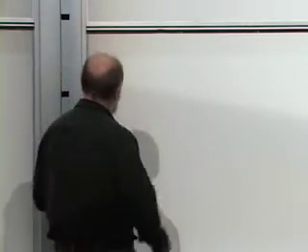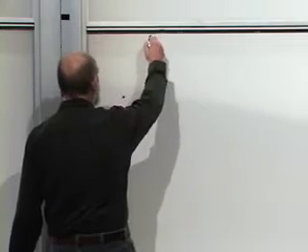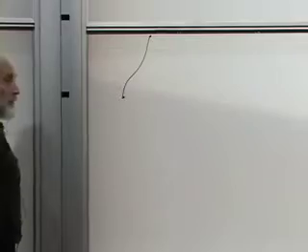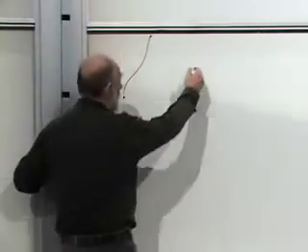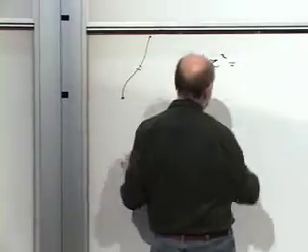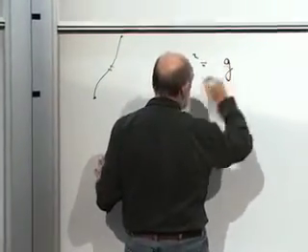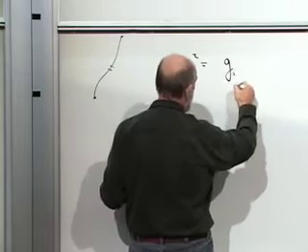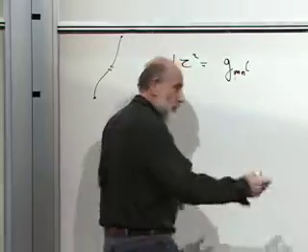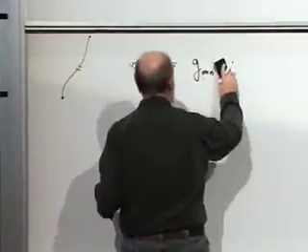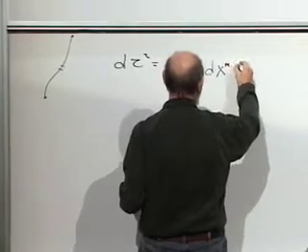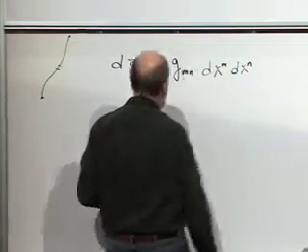Okay, so the definition of the action along a trajectory is minus the mass times the proper time along the trajectory. And the proper time squared along a differential little piece of it is d tau squared equals g_mn of position, won't bother writing what it is, dx^m dx^n. Good.